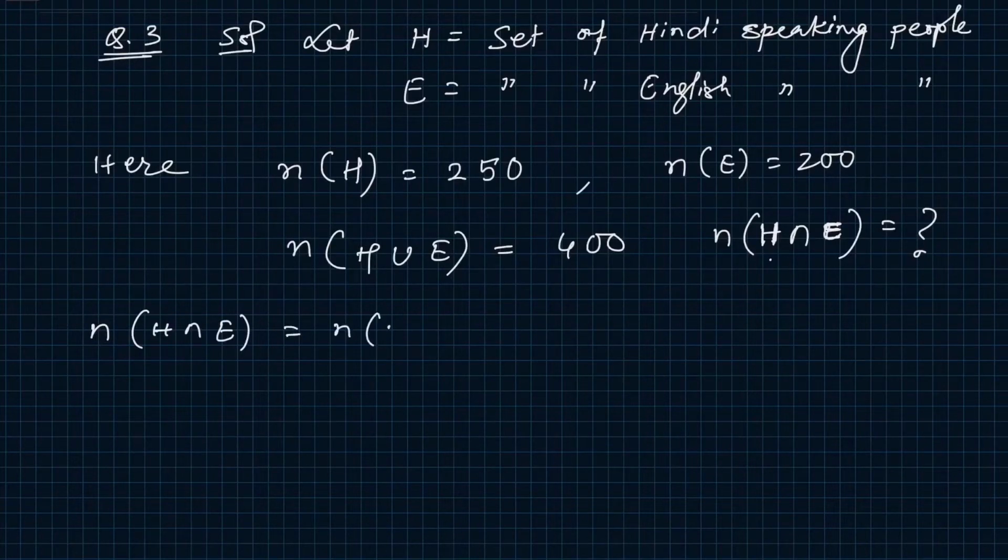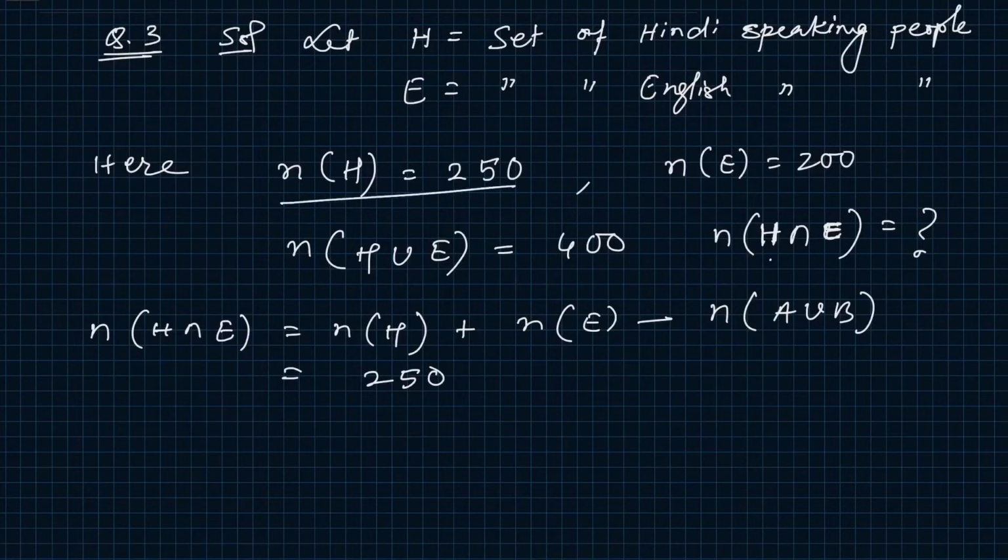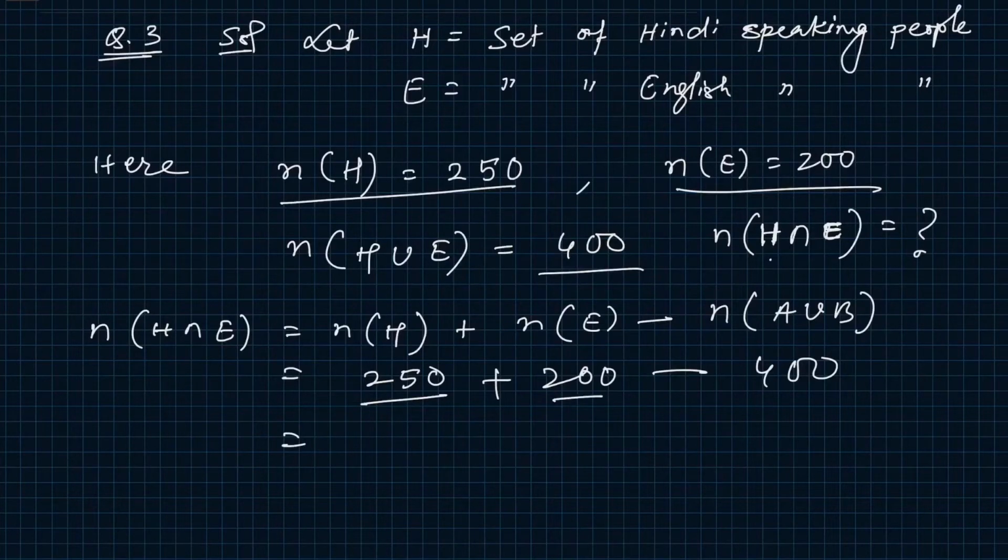Now this must be equal to the number of elements in set H plus the number of elements in set E minus the number of elements in H union E. Okay, that's it. So now put the values here. This is 250, and this is 200, and here it is 400. So 250 plus 200 is 450, minus 400, that's 50.